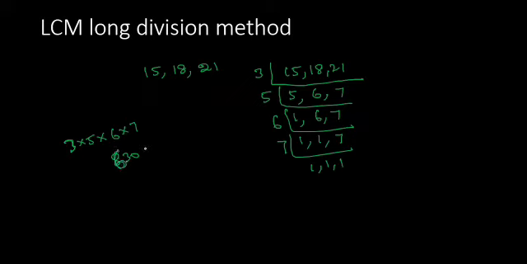So the answer here is 630. So LCM of 15, 18 and 21 is actually 630. So that is the answer of this.